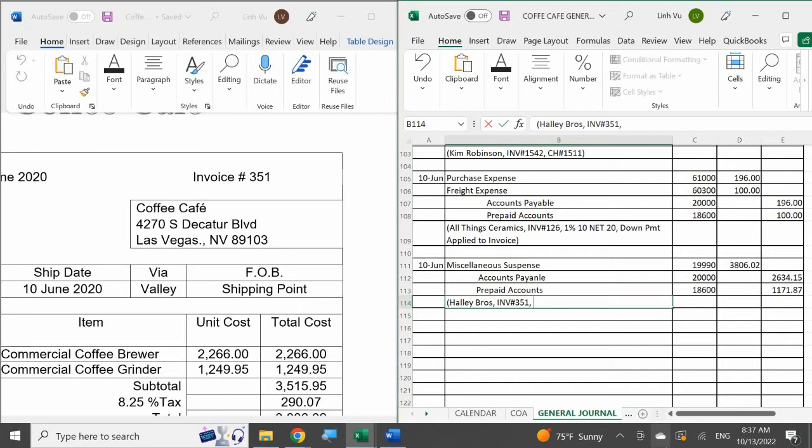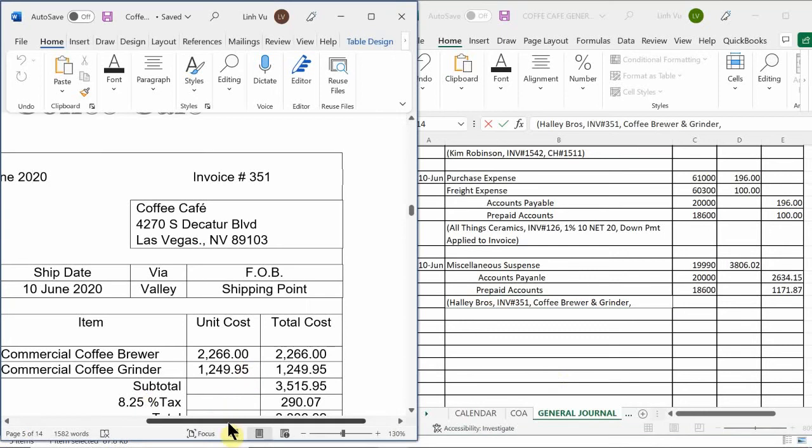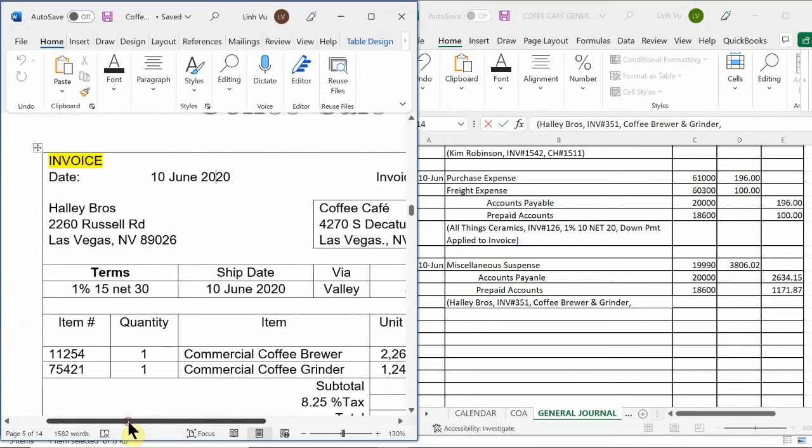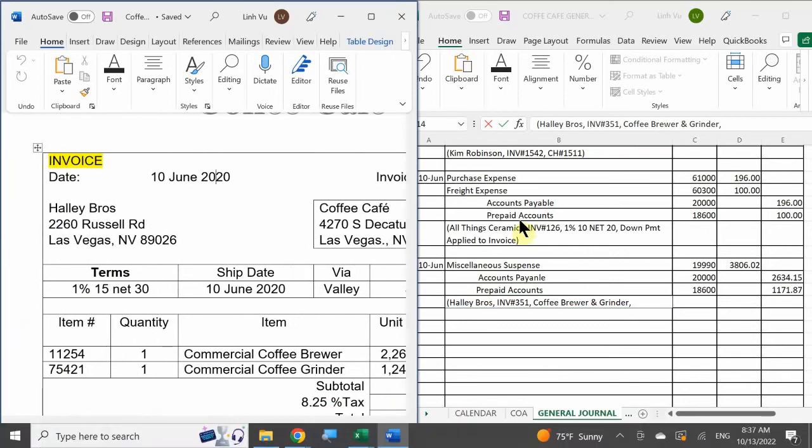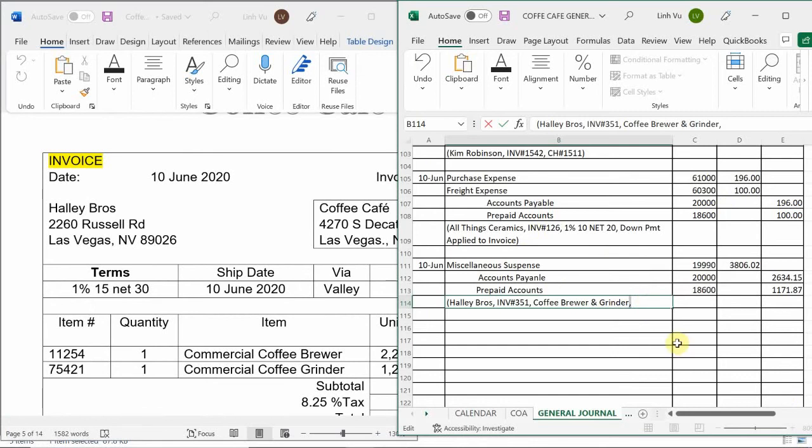And then, of course, since we're putting this in the miscellaneous suspense account, this is where you could go ahead and put coffee brewer and grinder. Okay. And then, were we given terms? 1%, 15, net 30.